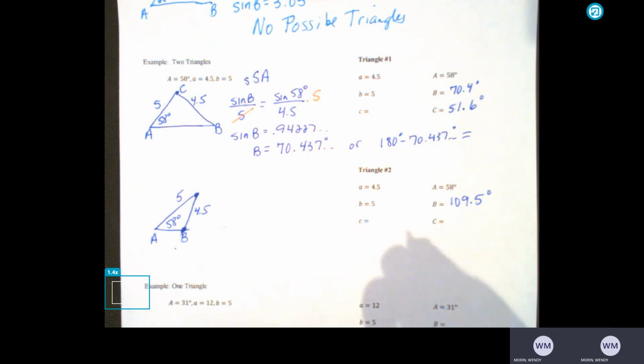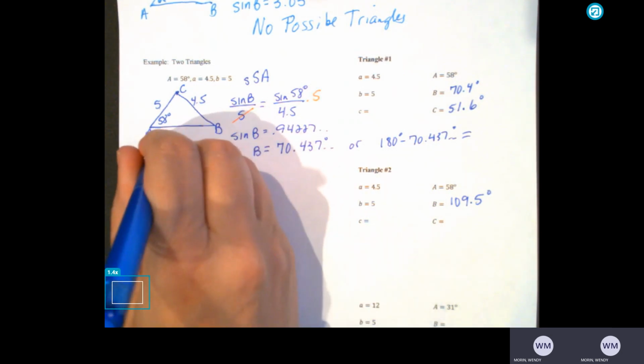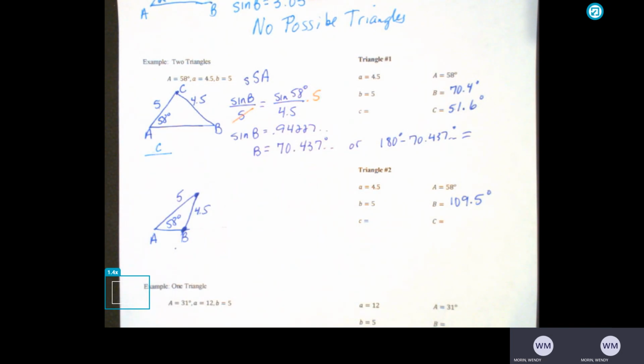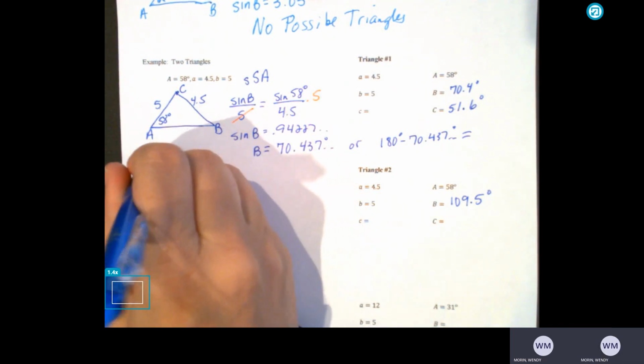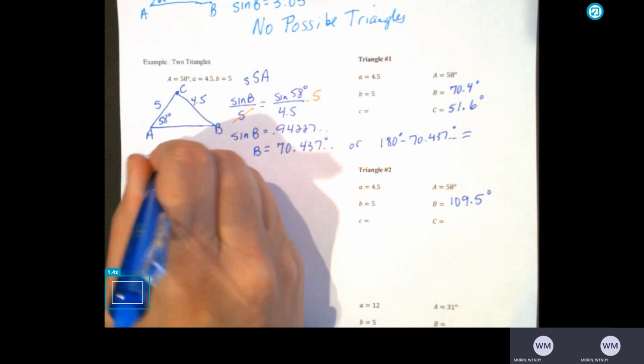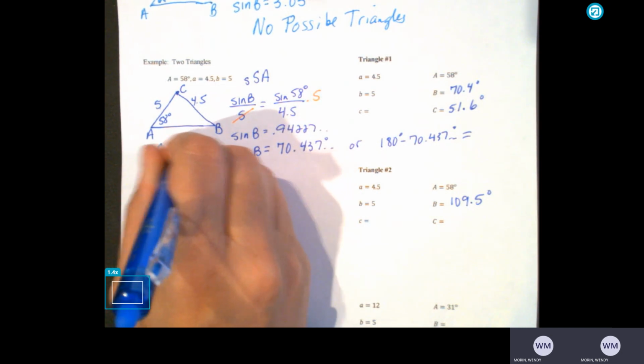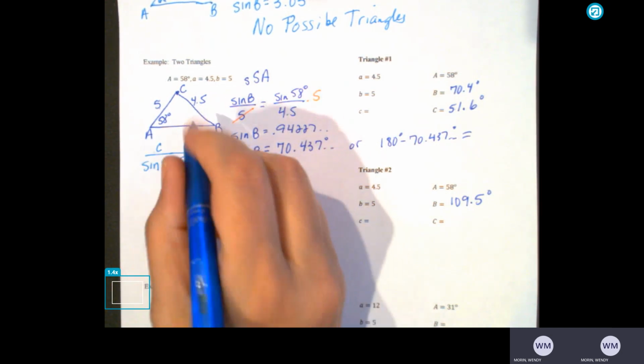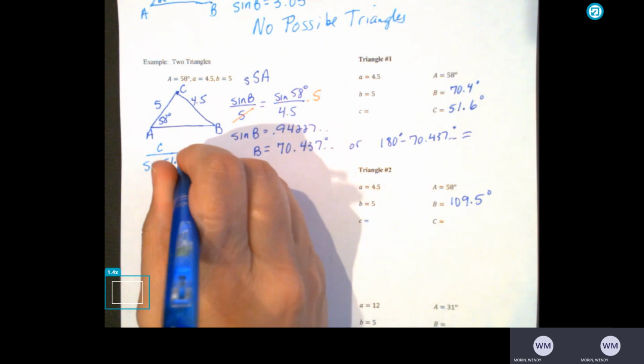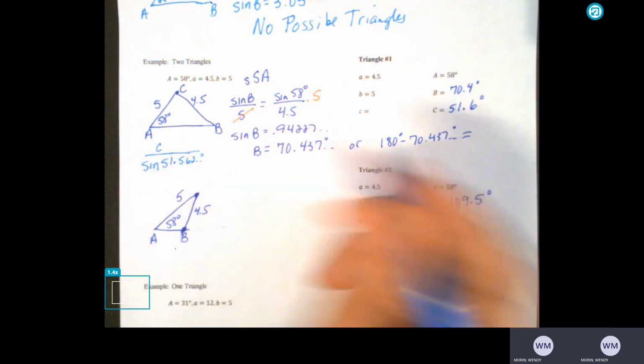So again, I'm trying to find side C, so I'm going to start with my unknown. Side C is to the sine of 51.6 degrees, and again, if you use what's in your calculator, it's 51.562 degrees.